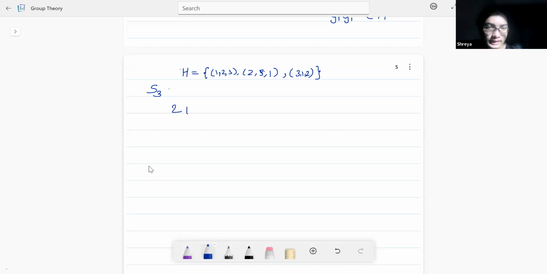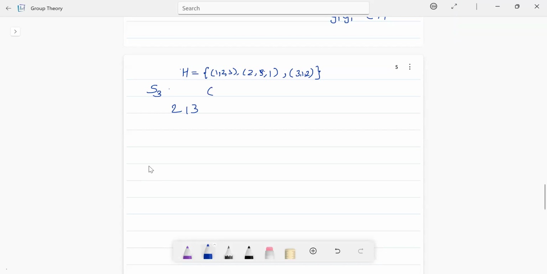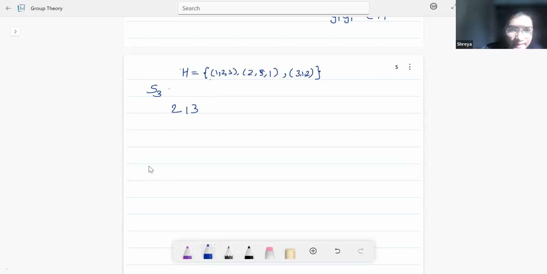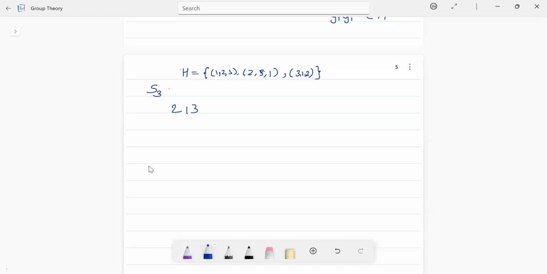Okay, so we take 2, 1, 3 and then we multiply it to this. Let's just check what happens. Oh my god, do I have to do this by hand? Okay, so this is just identity. So what is the product of 2, 1, 3 with this?